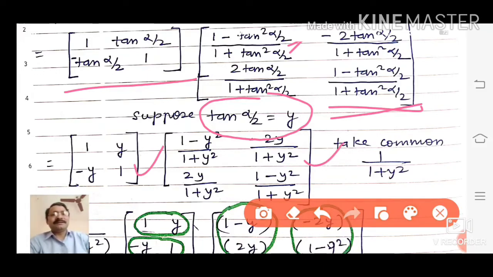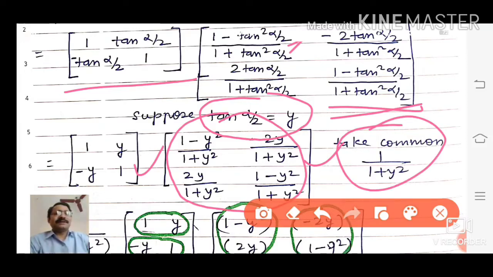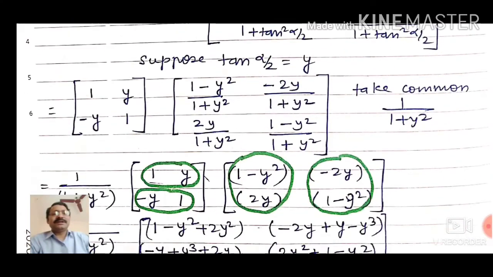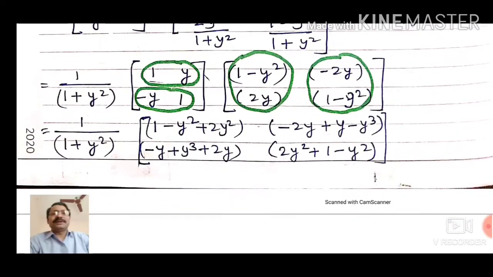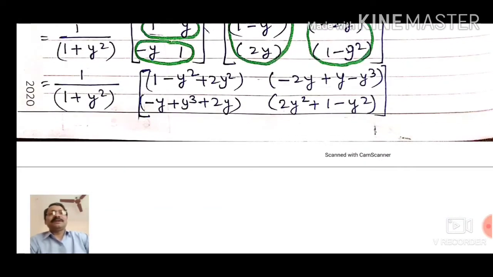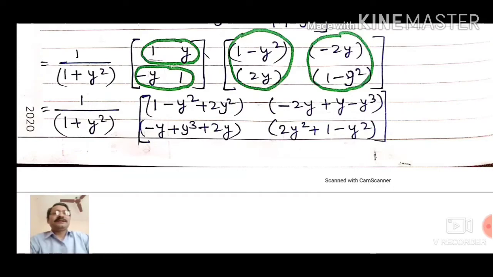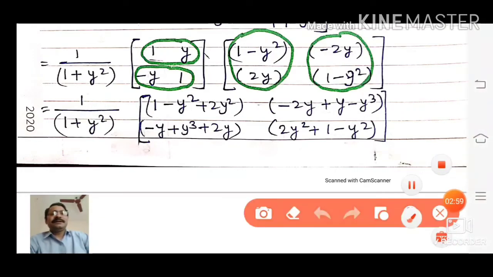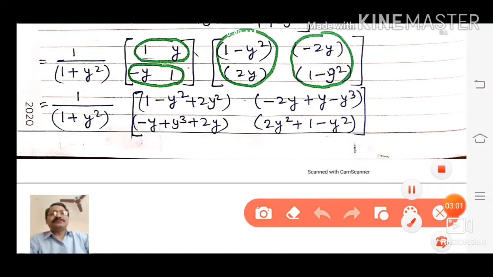Now in the second matrix you can see, take common 1 plus y square. If you take 1 upon 1 plus y square common, you will get this format. Now you have to multiply these two matrices. In multiplication, we already know the rule: we multiply row by column.